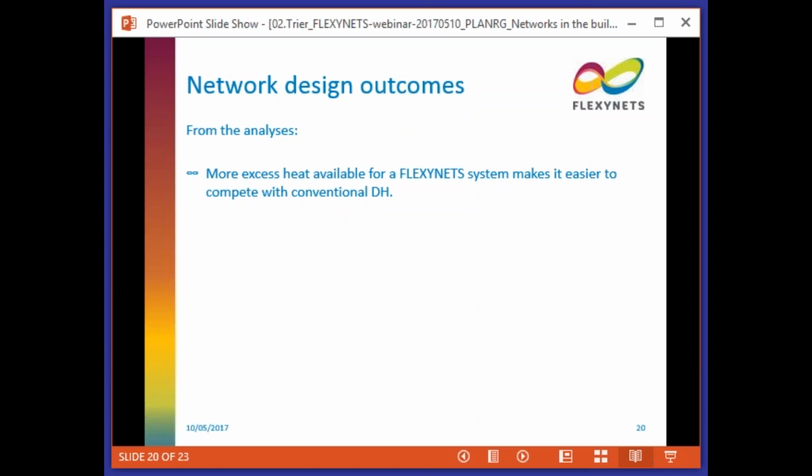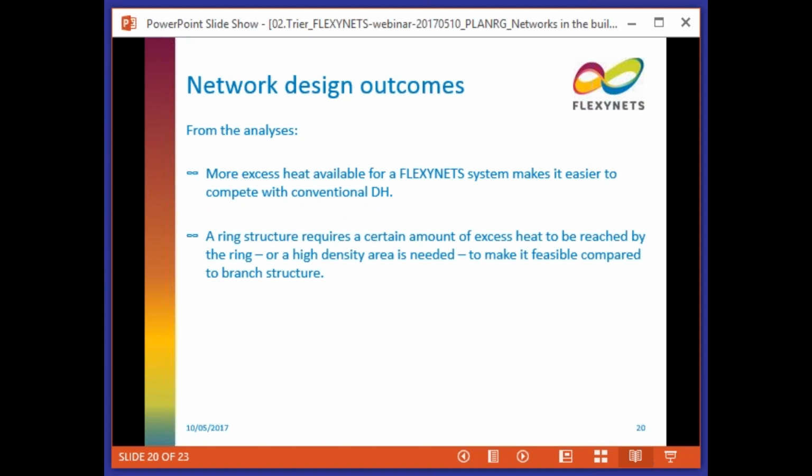And also more excess heat available for the FLEXYNETS system makes it easier to compete with traditional district heating. In other words, the feasibility of FLEXYNETS over the traditional district heating might be caused by the fact that you have a lot more excess heat available at the low temperatures that the FLEXYNETS concept needs, compared to the higher temperatures required for excess heat to be applicable or available for traditional district heating.